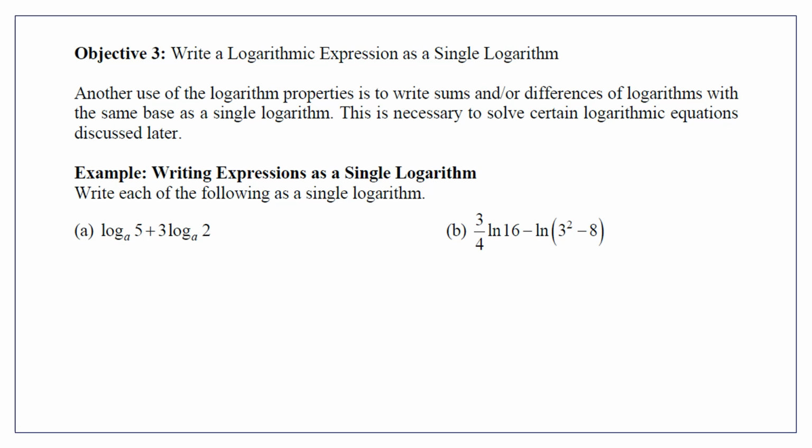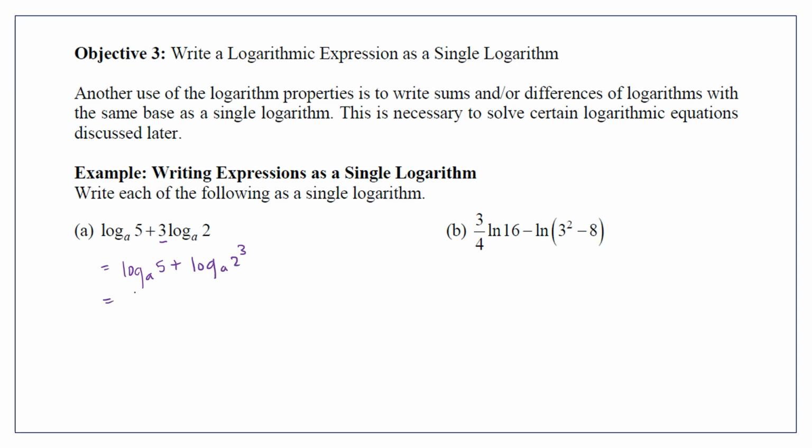The first problem here, we have log base a of 5 plus 3 log base a of 2. Note that we not only have factors in the front of our second log, we are also adding 2 logs together. So that's going to be the sum property, meaning we're going to be multiplying an m and an n together. Okay, so first let's move our factor to the power location. So this is going to be equal to log base a of 5 plus log base a of 2 raised to the third power.